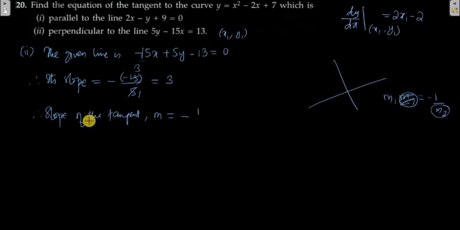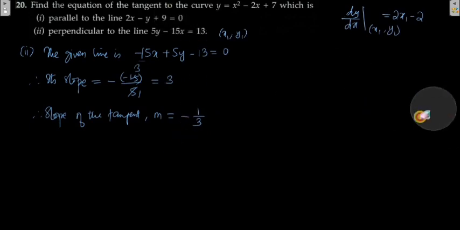So the slope of the tangent, that is m, will be equal to negative of 1 by, what is the slope? Slope is 3. So this is the slope of the tangent here, right? Let me erase this part. Now this also gives the slope of the tangent, isn't it? Because this is the tangent which we got by finding the derivative of the given curve.